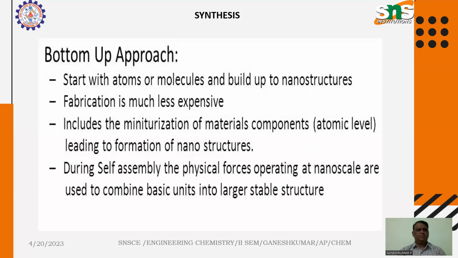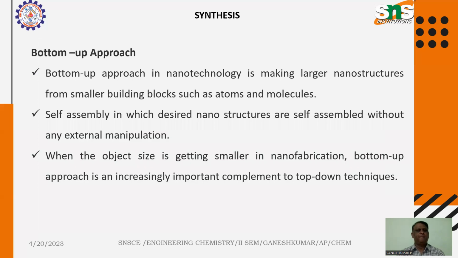The other approach is the bottom-up approach, starting with an atom or molecule and building up the nanostructure. The fabrication is much less expensive. It includes miniaturization of materials and components, leading to the formation of a nanostructure. During self-assembly, the physical forces operating at the nanoscale are used to combine basic units into large stable structures.